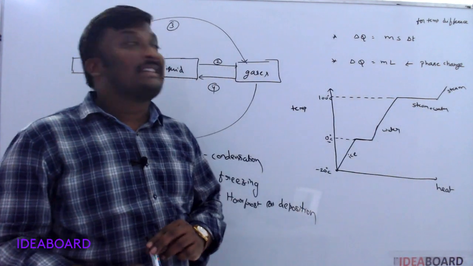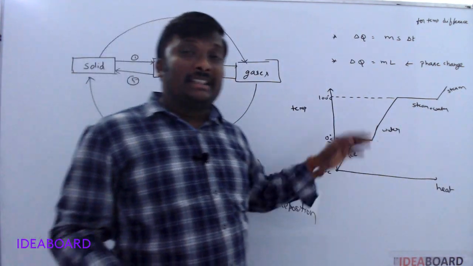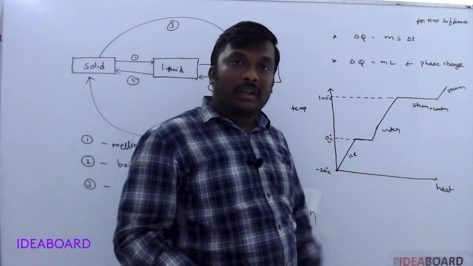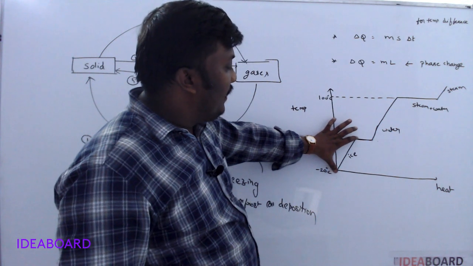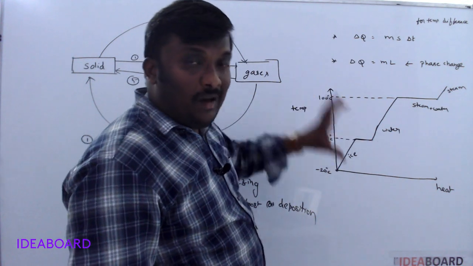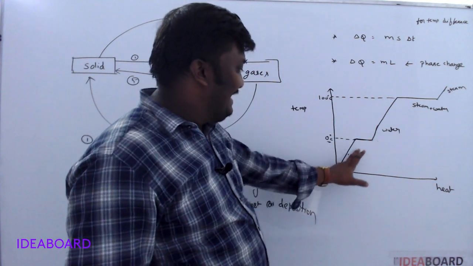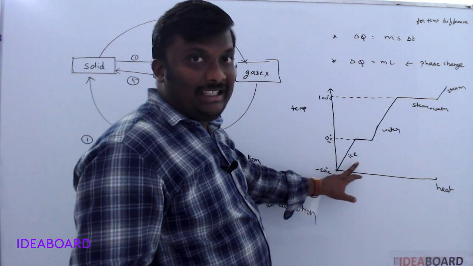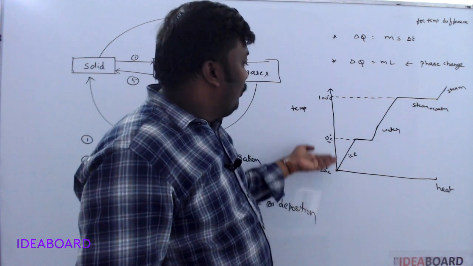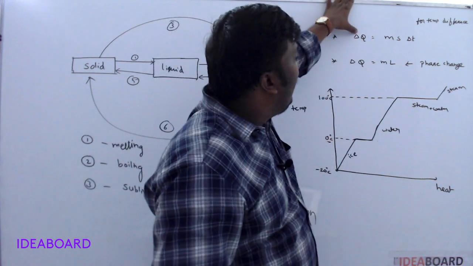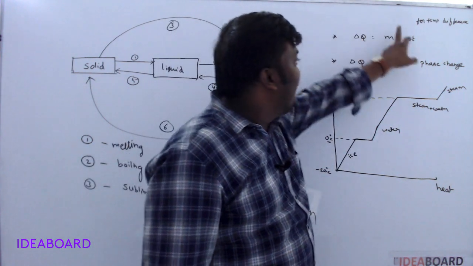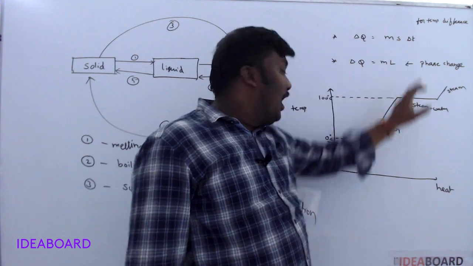For doing numericals related to calorimetry, this diagram is very important. From minus 20 to 0 degrees, it is only ice, meaning no change in state. So if they give a change from negative to 0 in the question, use the formula ms delta T, where s is the specific heat of ice.